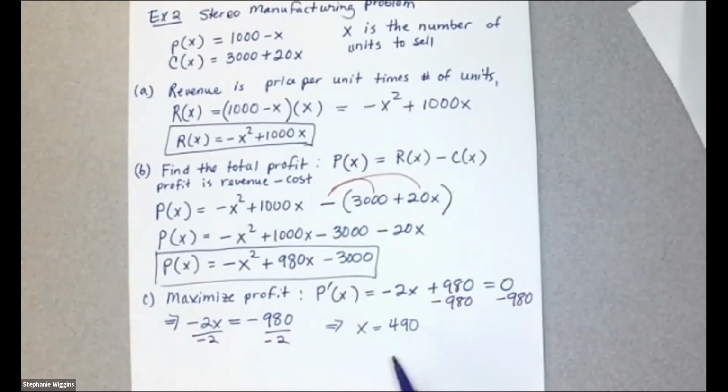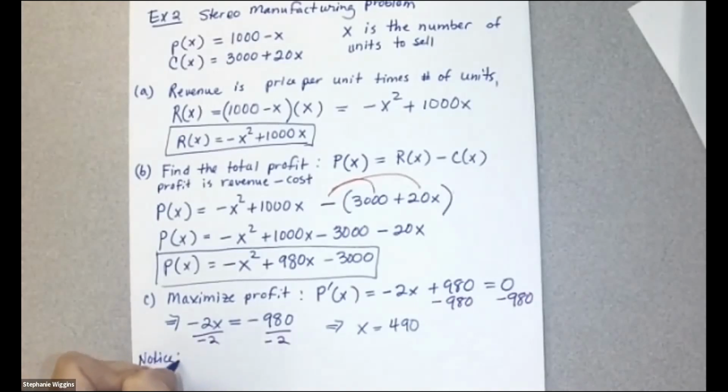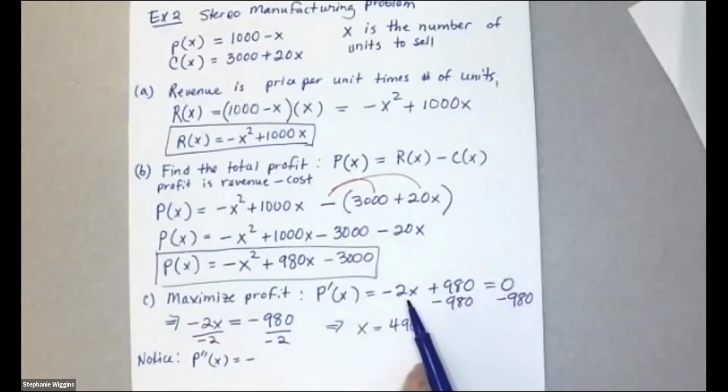And you'll notice that the second derivative here is negative 2, right? Here's the first derivative. If I take the derivative again, it's negative 2.